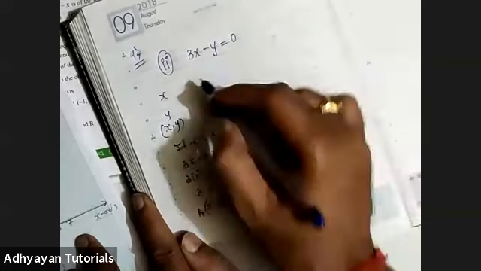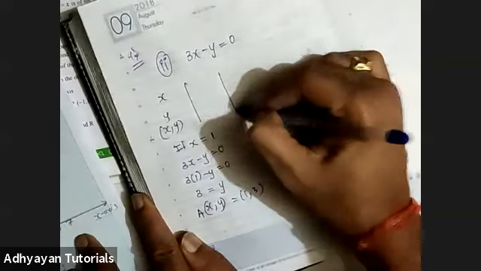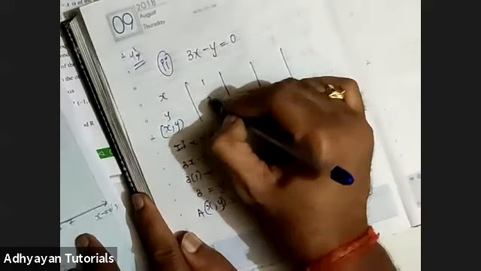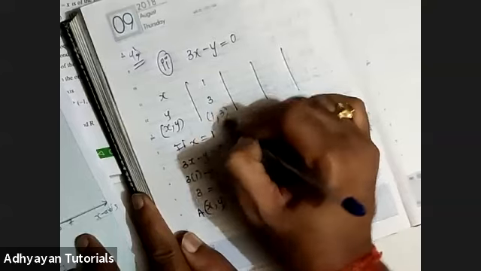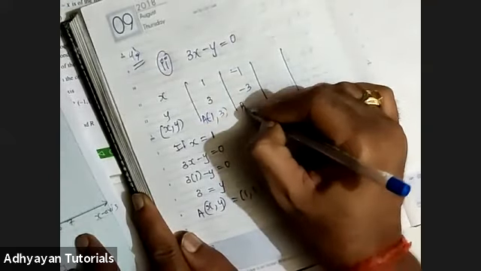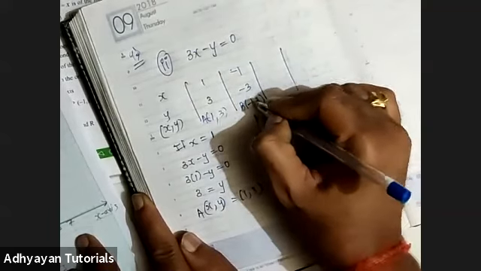I'll just jot down those points here, children. The first column, second column, and the third column. So it is 1, 3, 1 comma 3. Let's say the name of the point is A. Next is minus 1, minus 3, B, minus 1 comma minus 3.